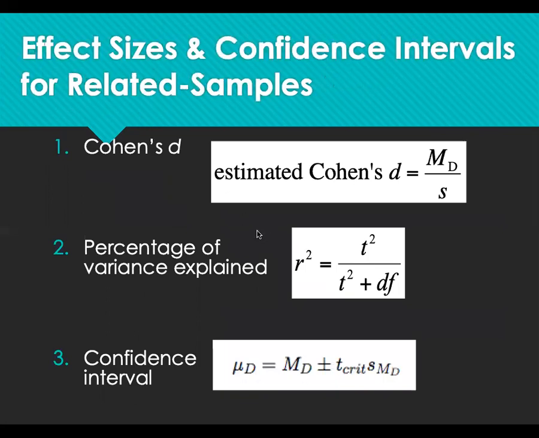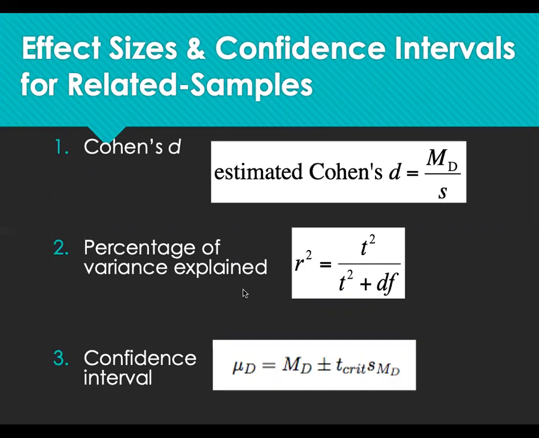Now let's look at effect sizes and confidence intervals for a related samples design. Cohen's d, this should all be review, right? d equals the mean difference over the standard deviation.